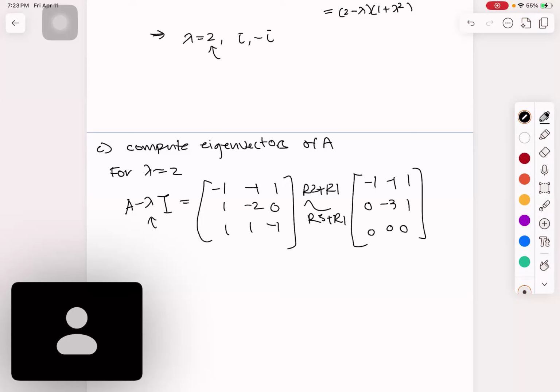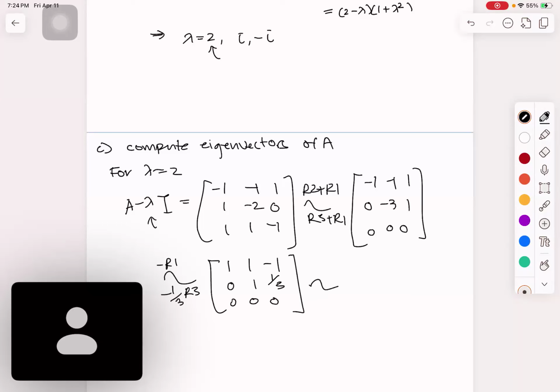And once we have that, we can do a little bit more. So we can multiply -1 to R1 and multiply -1/3 to R2, just to make it all row reduced, right? So 1, 1, -1, 0, 1, 1/3, 0, 0, 0.